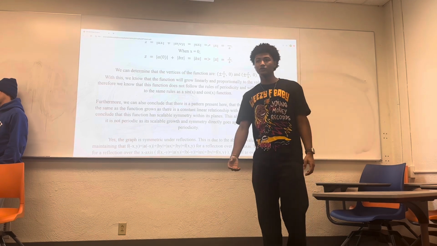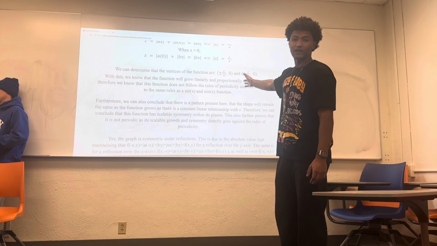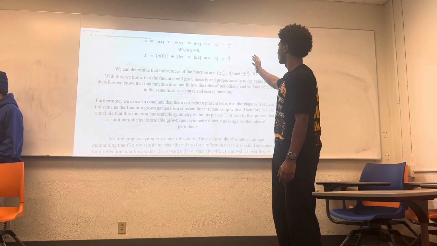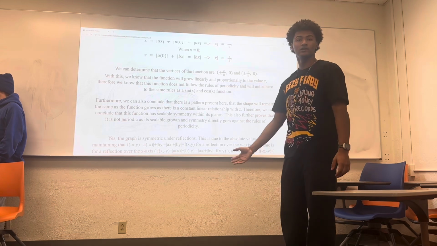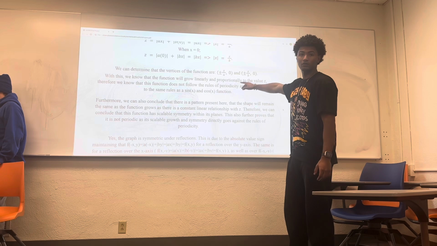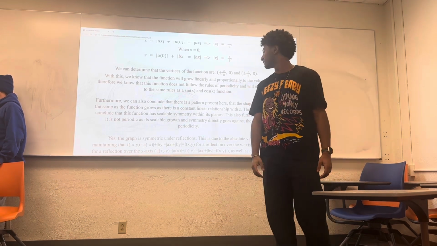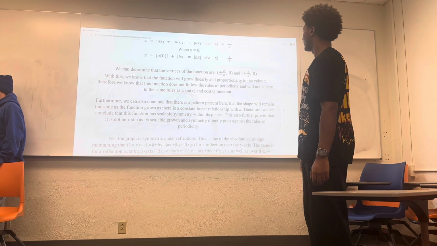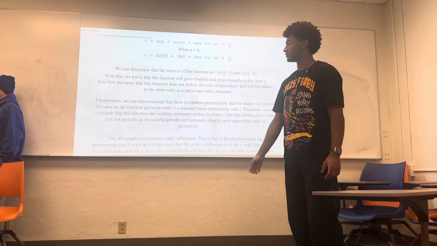And we use this knowledge to determine that if z is any fixed value, the function will grow linearly and proportionally to the other one, as both include z. So we know that since this is a linear growth, it doesn't follow the rules of periodicity. And therefore, it will not follow the same rules as a sine or cosine function.